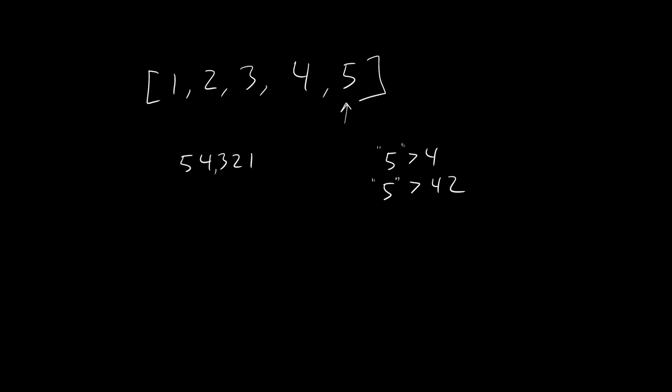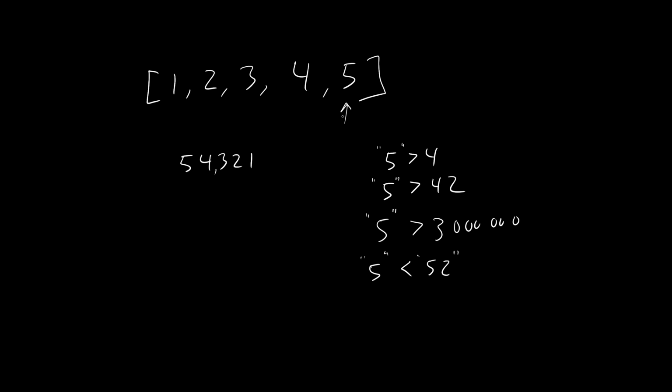And because of that, 5 is bigger than like 3 million. But then 5 is actually smaller than 52, because 5, they're equal, but then 2 is bigger than nothing, right? So that's how you do string comparisons.